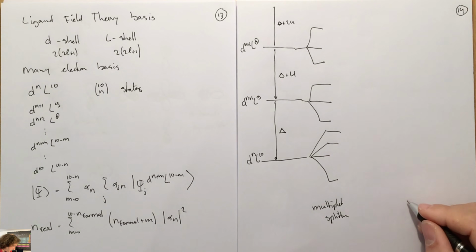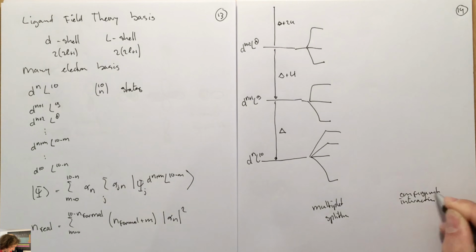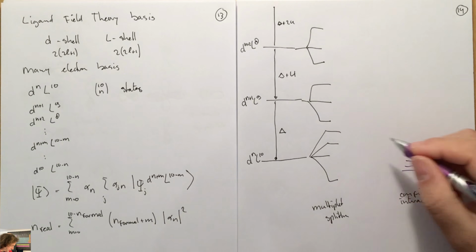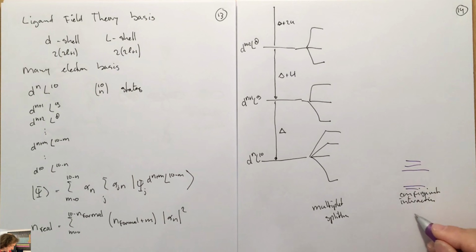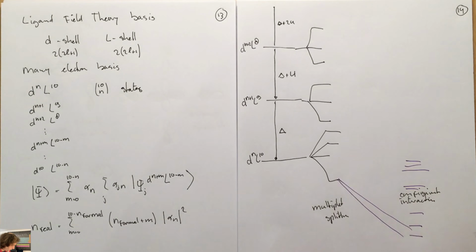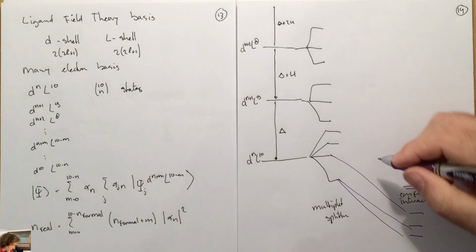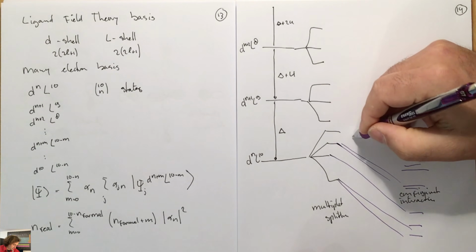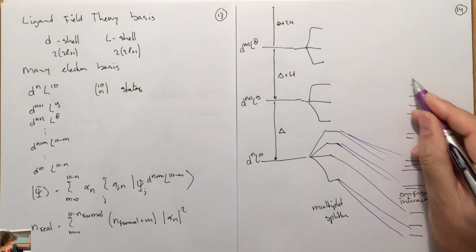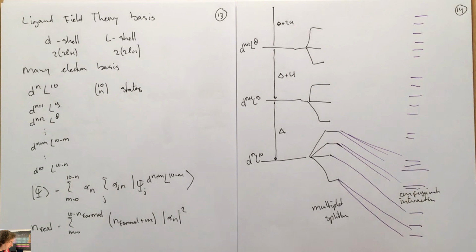And then we have the interaction between configurations, and that will bring down the lowest configuration and split them even further into many different states.